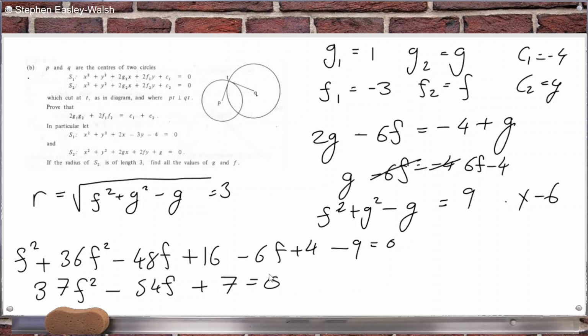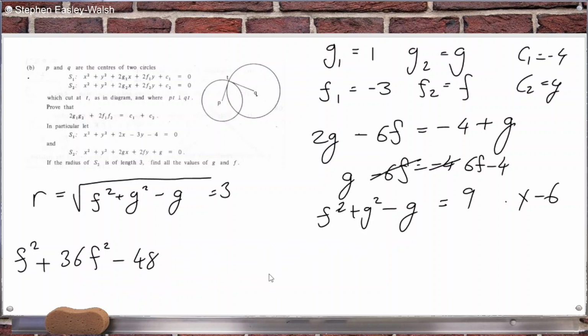Let's see. I think I must have done something wrong with the algebra there, because the quadratic didn't work out so nicely. I kind of think that it would have worked out nicely. So let's go back in time and check that we formed those equations correctly. Maybe I wrote my formula down wrong for the radius.